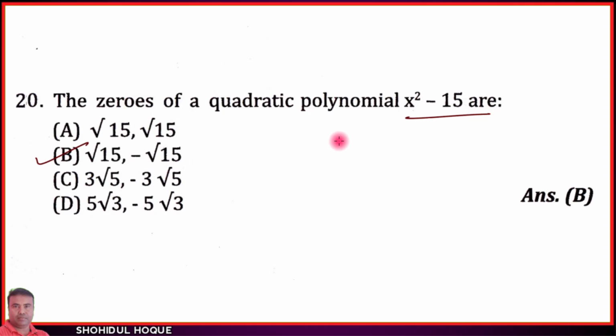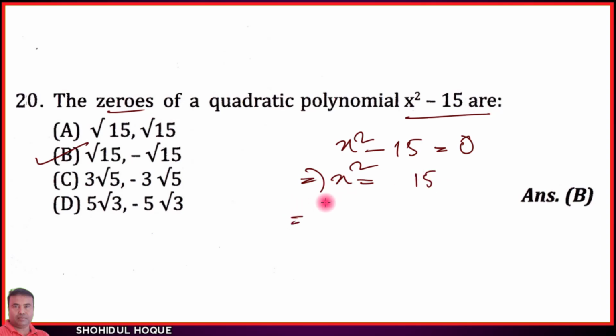So we can solve it in a simple way: x square minus 15. We have to write equal to 0 because we have to find the zeros, remember. Next, x square equals, this will go to the right hand side and transpose to positive 15. Alright. Now what to do? Remove this square because we have to find the value of x.